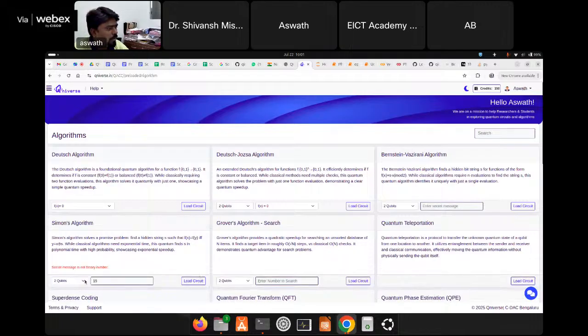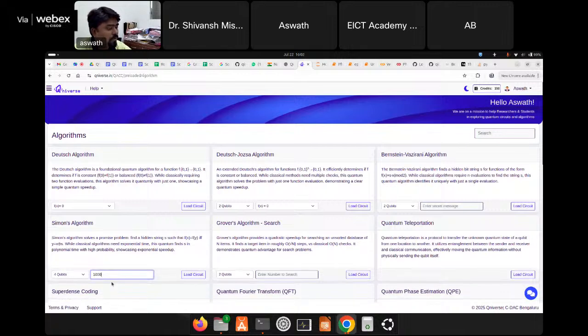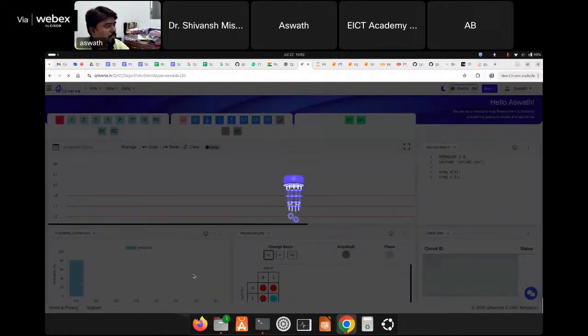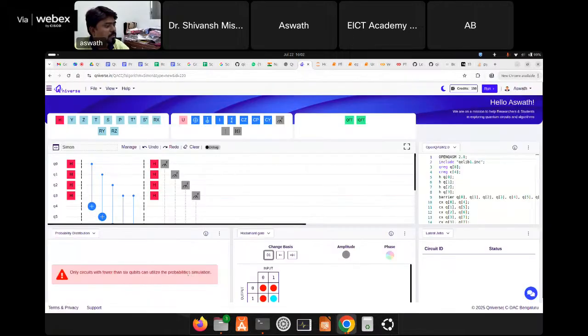Okay, not a binary. Okay, I have to convert that 15 into binary numbers. Okay, 15 means at least I need 3 qubits means 8, 4 qubits means 16. 4 qubits I need. Okay, how is 16 written? Okay, 16 is 1 0 0 0 0, four zeros. Okay, let me load this.